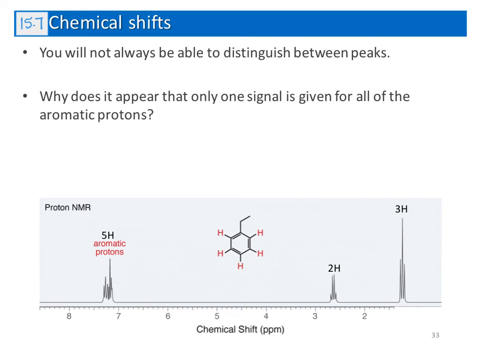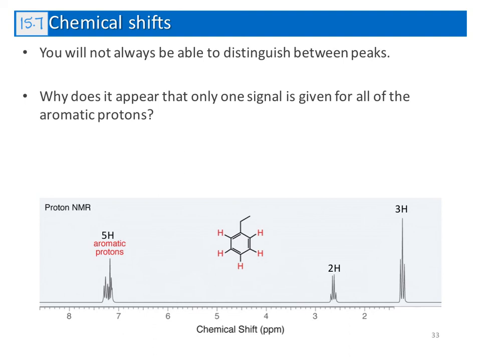There is a symmetry in this molecule: these two hydrogens have the same chemical environment, these two have the same chemical environment, and then we have this one. So we expect to see them as separate peaks, but the difference between their environments is not much, so we see their peaks appear on top of each other in hydrogen NMR.